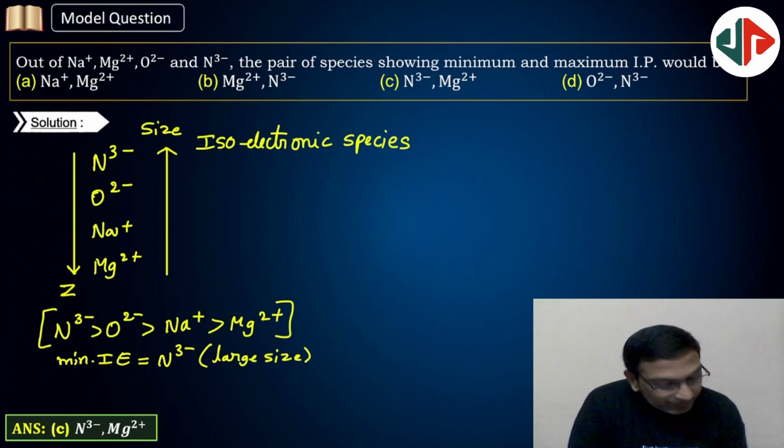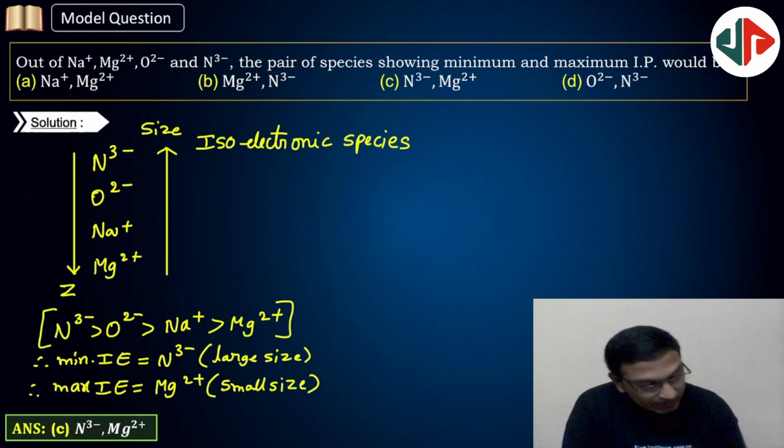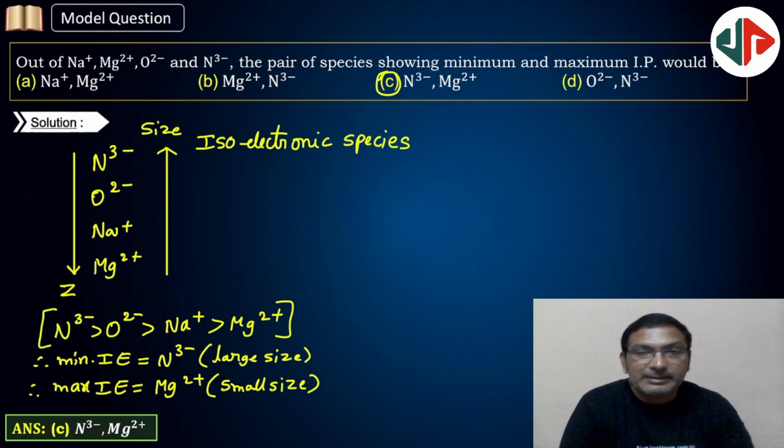Next, for maximum ionization energy, size must be very small, Mg2 plus, due to small size. So therefore option C: minimum ionization N3 minus due to very large size, and maximum ionization energy Mg2 plus due to very small size.